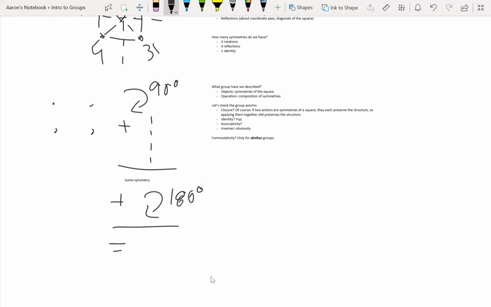This is basically of the form A, B times this is C. This should be the same as if we do A and B times C. So if I look at what it means to reflect about this axis and then rotate by 180 degrees, I apply that total operation, and then I do that after I apply the 90-degree rotation.